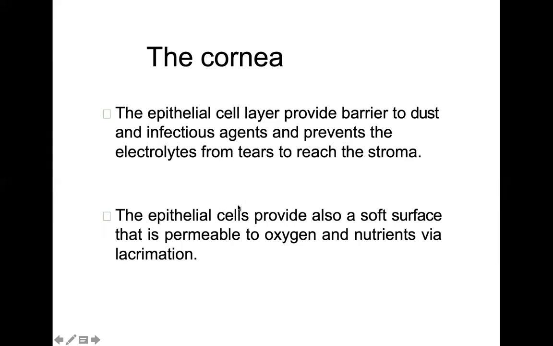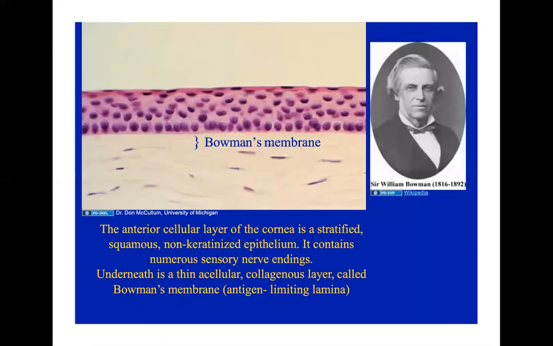Now, the epithelial cells also allow permeability of some other nutrients, including oxygen, which is essential for the nourishment of some other structures. And this is usually carried into these cellular structures by the tears and your aqueous humor. Now, the anterior cellular layer of the cornea is made up of stratified squamous non-keratinized epithelium. So this one also contains your sensory nerve endings.